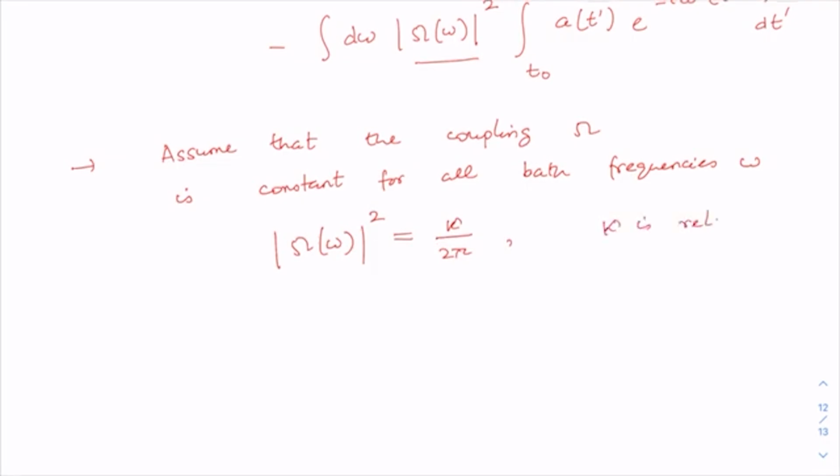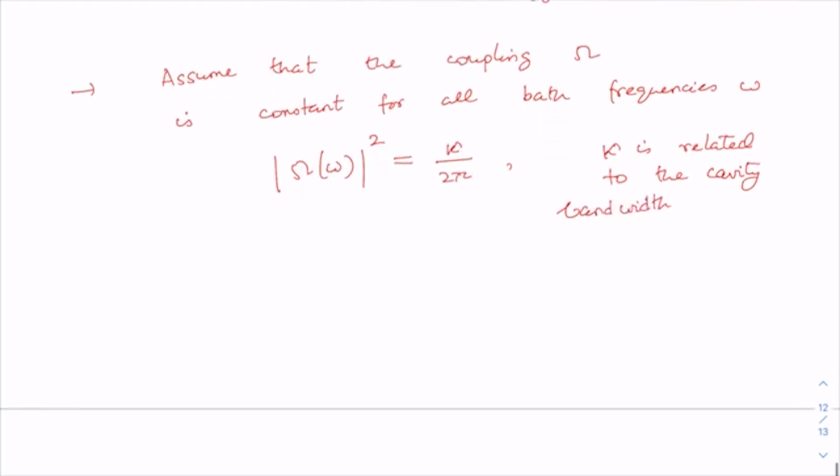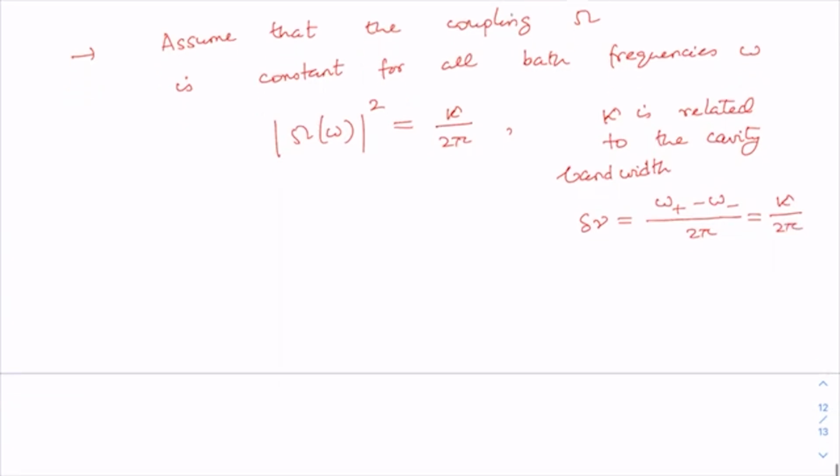So the bandwidth would be delta nu equal to omega plus minus omega minus divided by 2 pi, and that width is kappa divided by 2 pi.